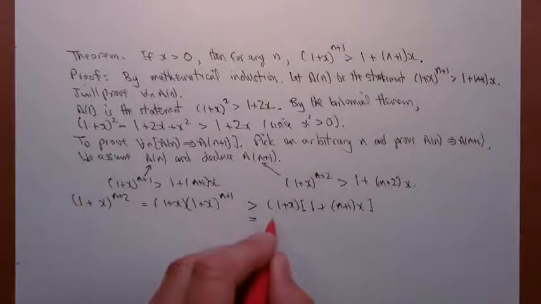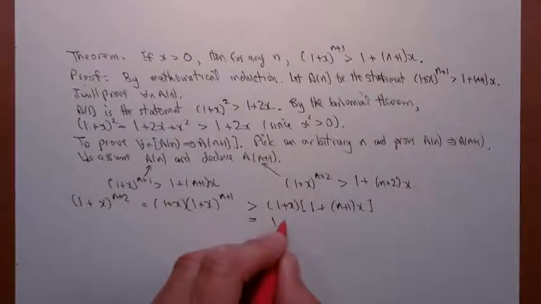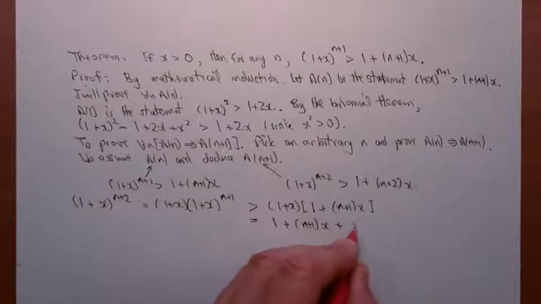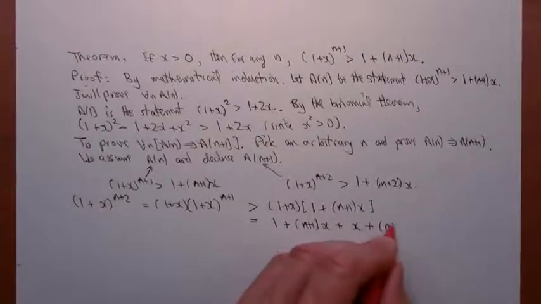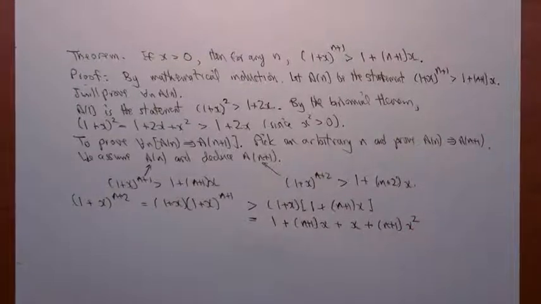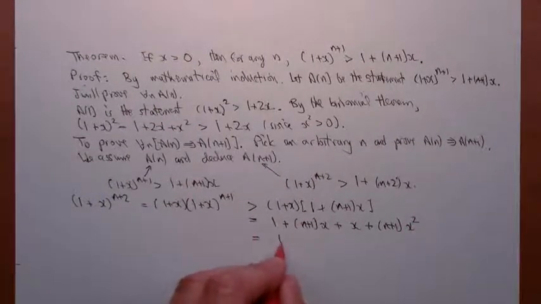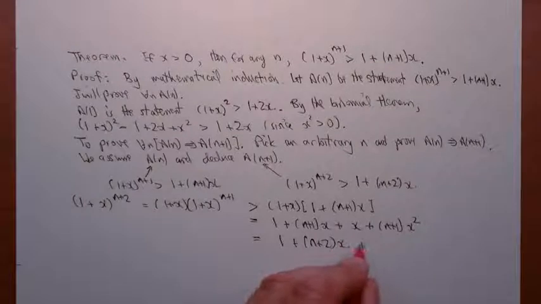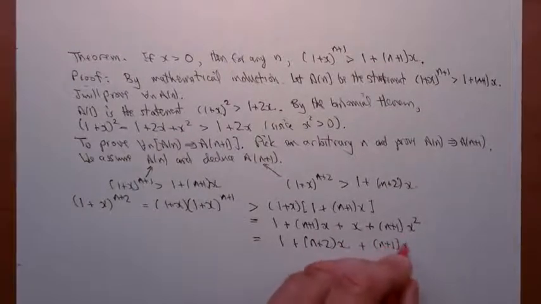And that equals 1 plus (n plus 1)x plus x plus (n plus 1)x squared, which equals 1 plus, I've got (n plus 1)x and another x, so altogether I've got (n plus 2)x, plus (n plus 1)x squared.